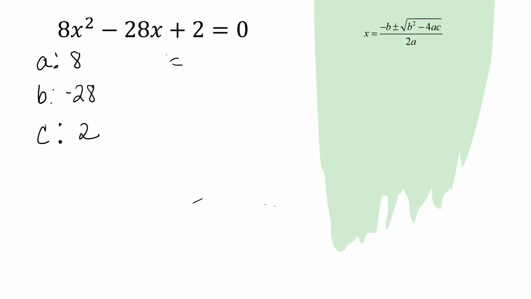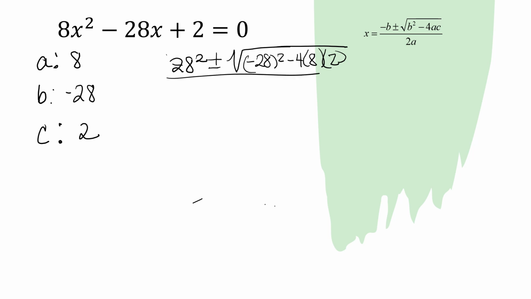So you have 28 plus or minus the square root of negative 28 squared minus 4 times 8 times 2 all over 2a, which is 2 times 8.